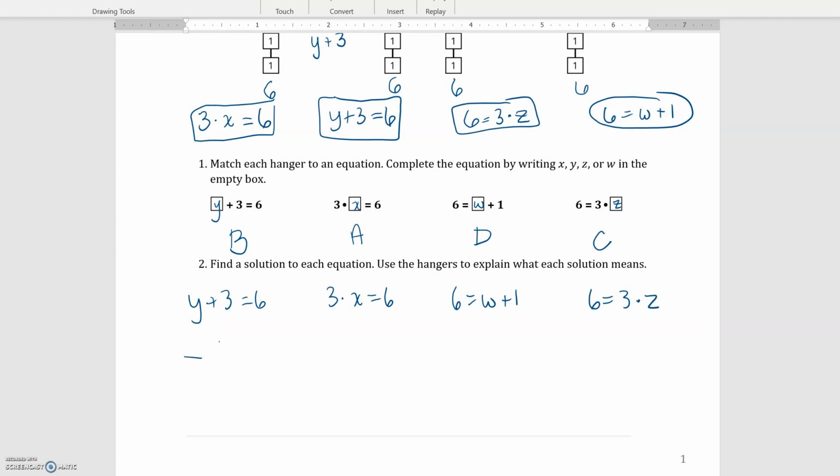It's asking you what would go in each of these blanks to solve each equation. So using your knowledge, pause here and think about what goes in each blank and write a solution statement that says the variable equals some number that fits in each of those blanks. Continue the video when you have an idea of the solution for each equation.